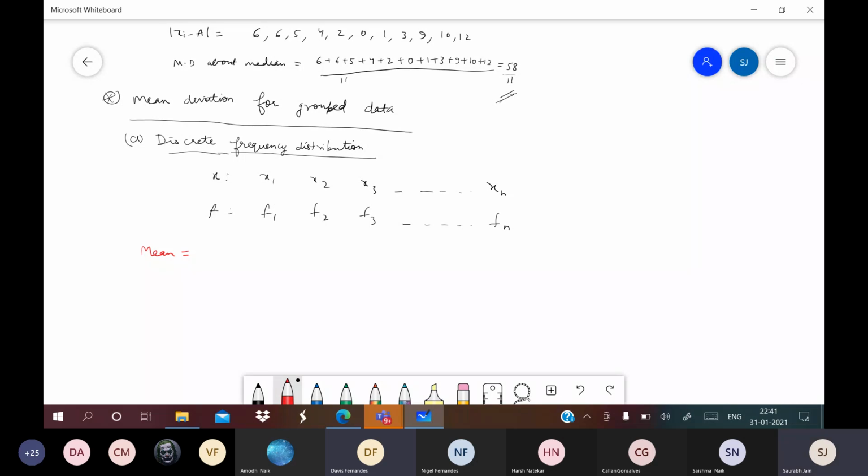Yeah, that is what I'm expecting. So the formula is sigma fi xi divided by n, right? You used to multiply each observation with its frequency. You used to make a table of fi into xi. You used to add all these values and divide by how many values are there. This is the formula to find the mean of a discrete frequency distribution.